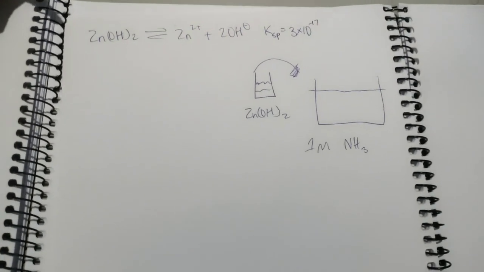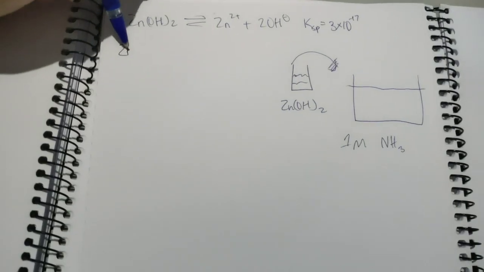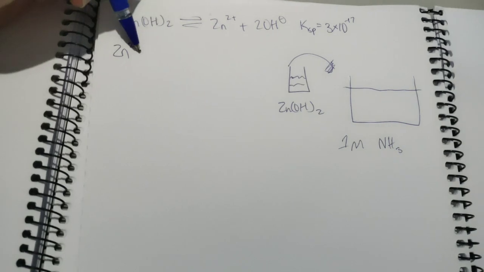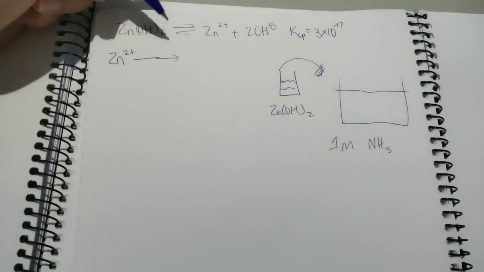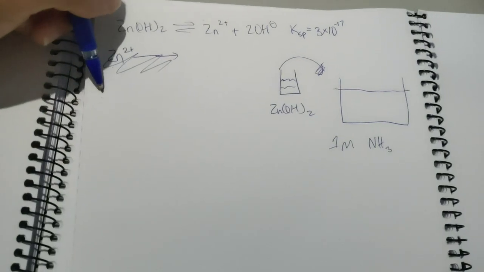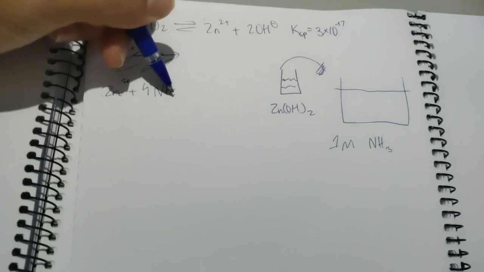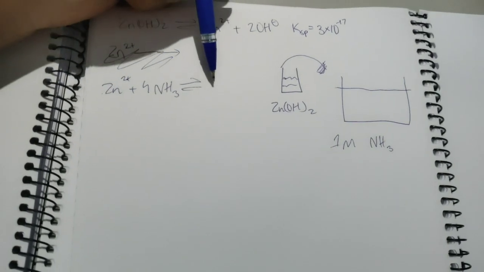So once you do that, the complexation reaction begins, and your Zn2+ ions that were there, in the presence of a large excess of ammonia, react with 4 ammonia molecules to create a complex.